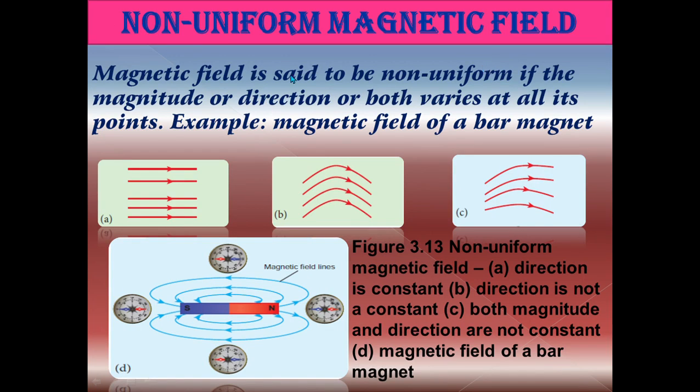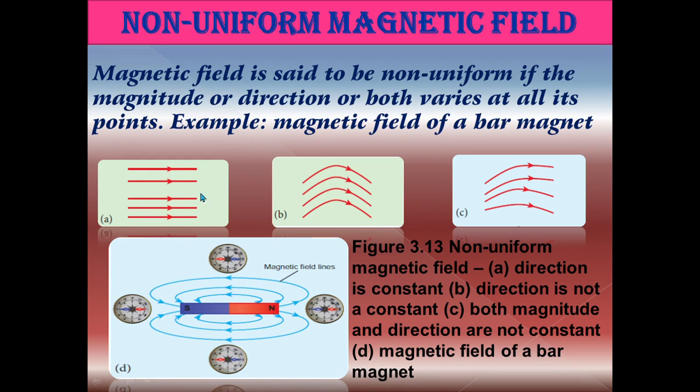The definition: a magnetic field is said to be non-uniform if the magnitude or direction or both vary at its points. Example: the magnetic field of a bar magnet. The direction and magnitude, or both, may vary, so this is a non-uniform magnetic field.